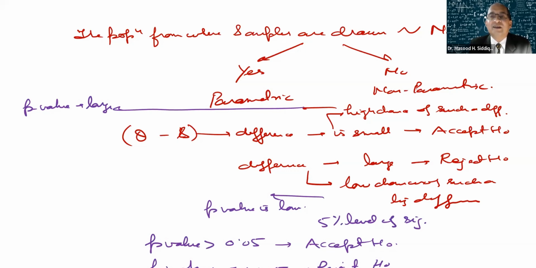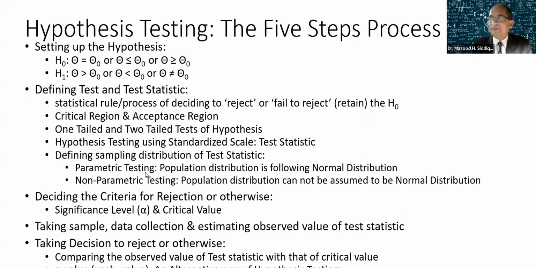Hello. Okay, parametric means if the normality assumption is made, right? So if the normality assumption is there, we will be using the parametric test. So all the tests that I have mentioned here, the t-test and f-test, belong to the parametric tests.